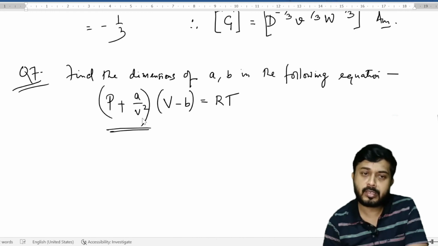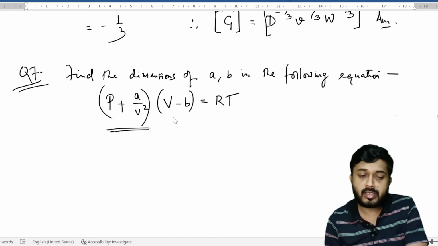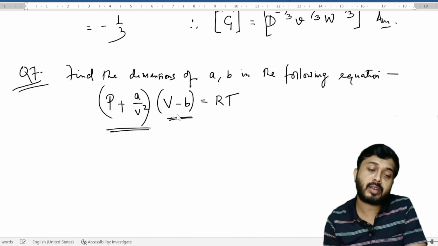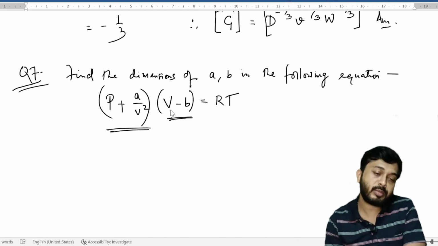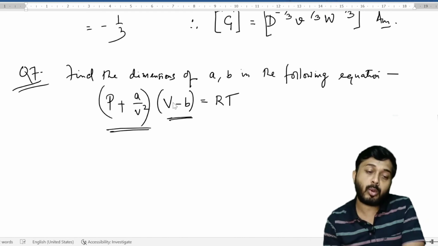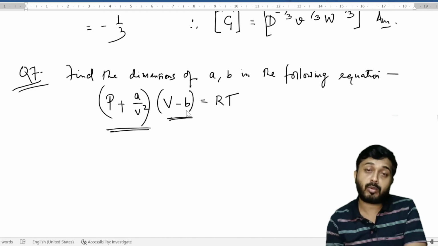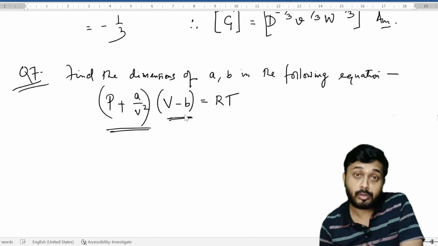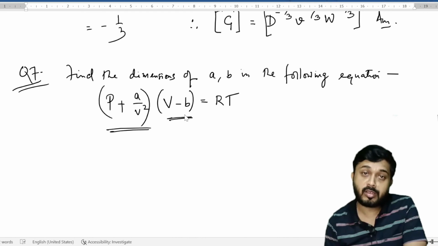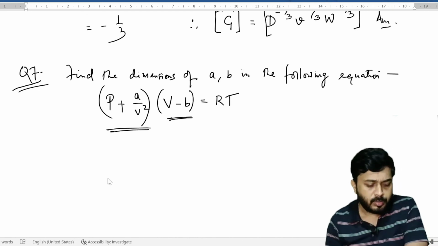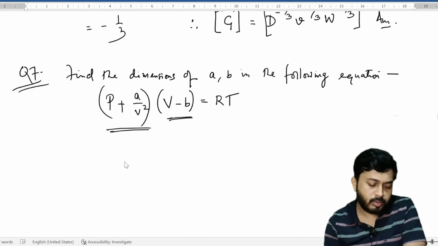Another thing, B has been subtracted from V. So V, that is volume, and small b, which is a constant, should have the same dimensional formula.